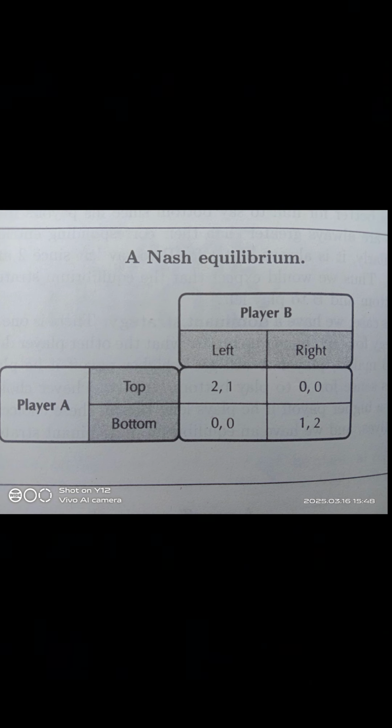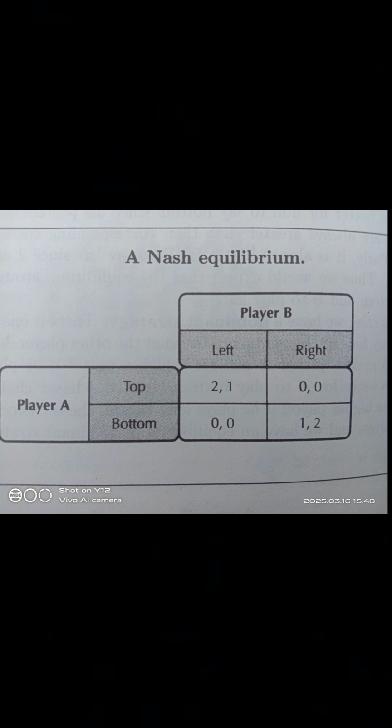From the table we can mark that when B chooses left, the payoff to A is either 2 or 0. Please look at the table. When B chooses left, the payoffs to A are 2 or 0.